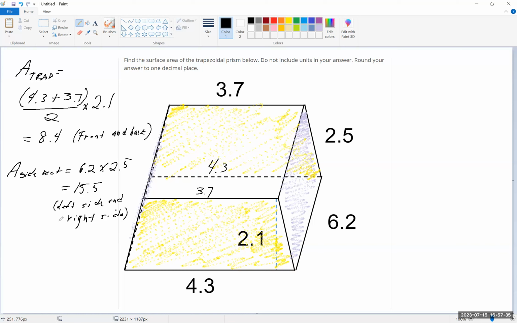Then you have the bottom. So I'm gonna see if I can erase just the inside. Hold on, let's try that again.